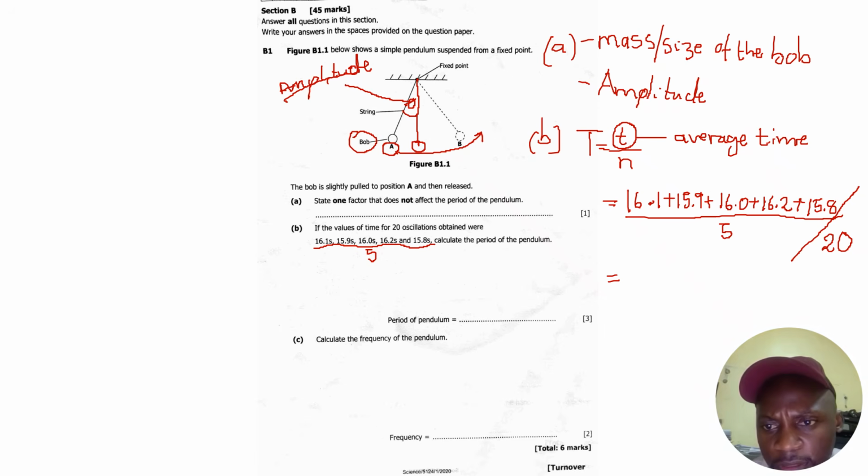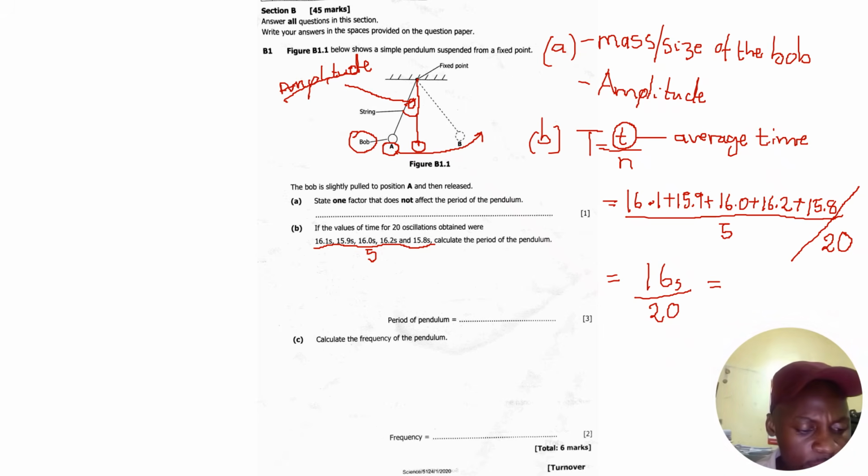So that gives us the average of, we have 80 divided by 5, that gives us 16 seconds, which is the average, divided by the number of oscillations, which is 20. So we'll get the period to be 0.8 seconds. Remember, the SI unit for period is seconds.